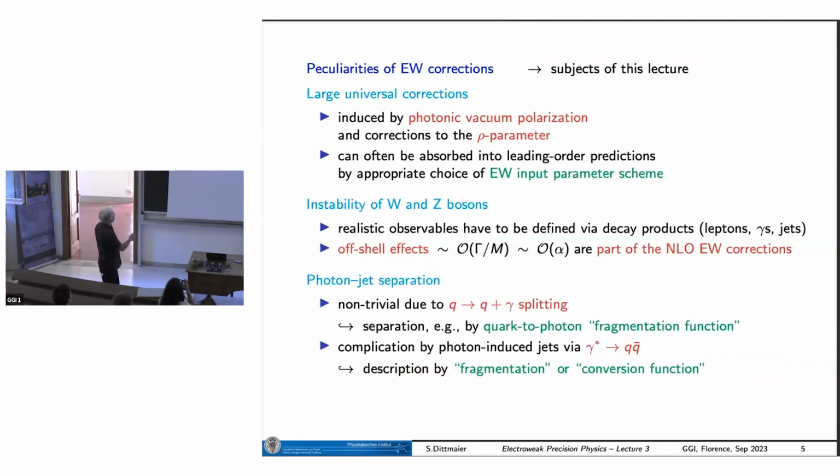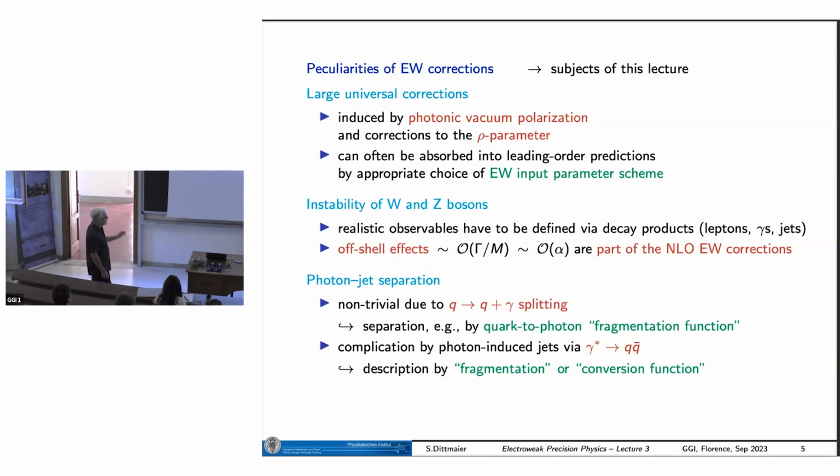So, peculiarities of electroweak corrections, just to motivate more of the rest of the lecture. Apart from this photonic stuff and high energy corrections, you often have very large so-called universal corrections, and they are connected to what I will discuss under the label input parameter scheme in a couple of minutes.